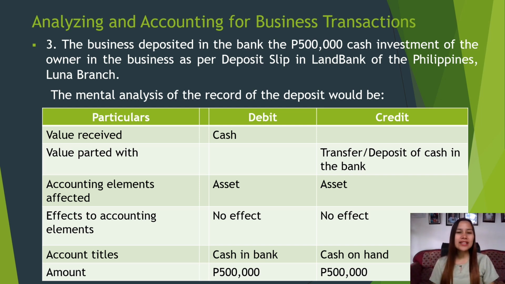So for the transfer of cash to the bank, you have to debit cash in bank and then credit cash on hand. There will be a transfer of cash from the company to the bank. So debit cash in bank 500,000 and credit cash on hand 500,000. So generally there is no effect.